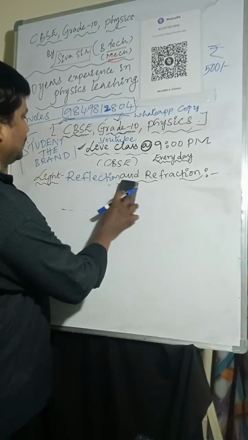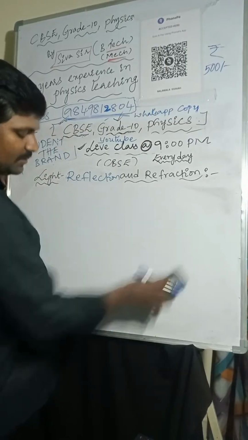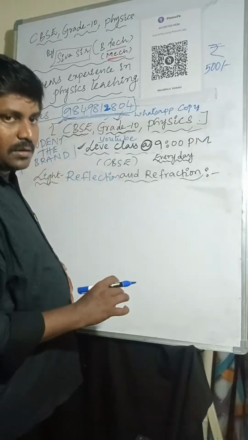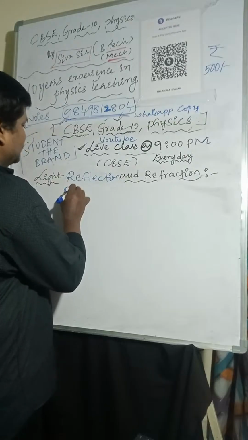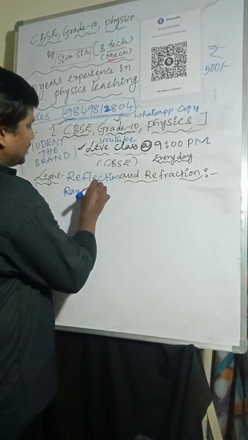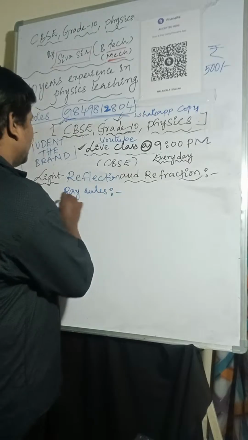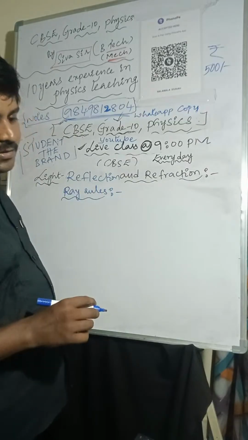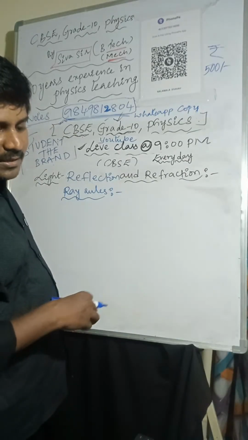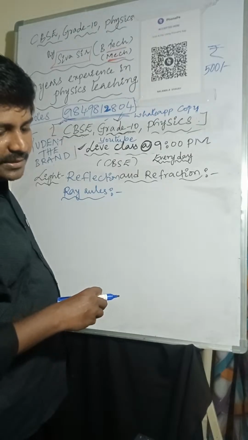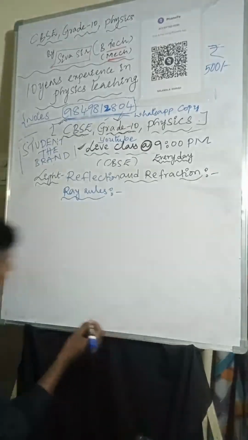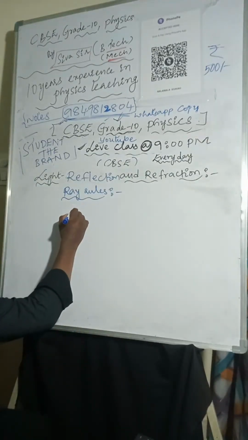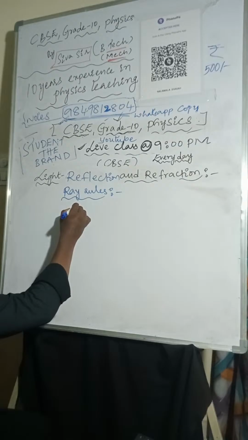Taking the ray rules of a convex lens, the same ray rules are used for a concave lens also. Here, the middle one is a lens.